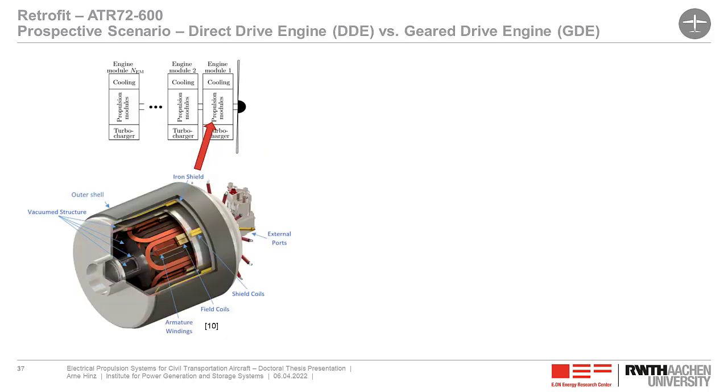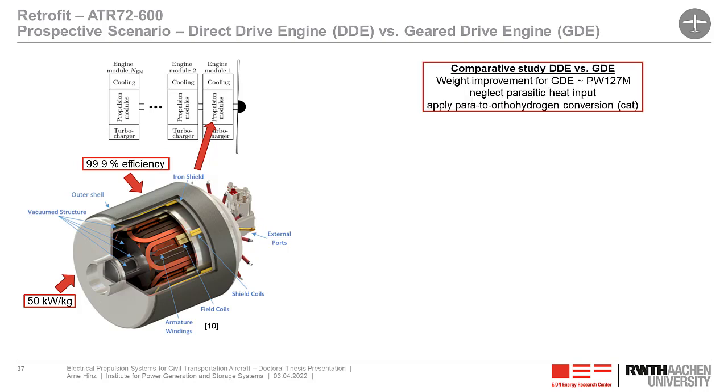With this model, we can also compare the direct drive engines with the gear drive engines. To recall, we are assuming here a 99.9% efficiency of this fully superconductive machine, which has a power density of 50 kilowatt per kilogram. And we will apply a comparative study to put the direct drive engine versus the gear drive engine.